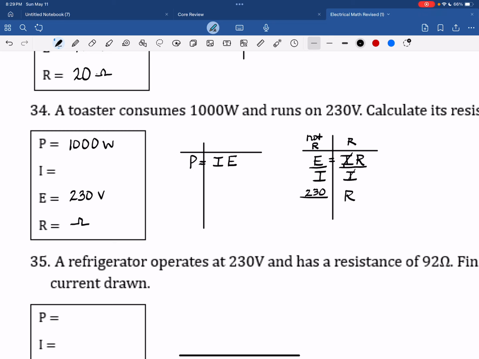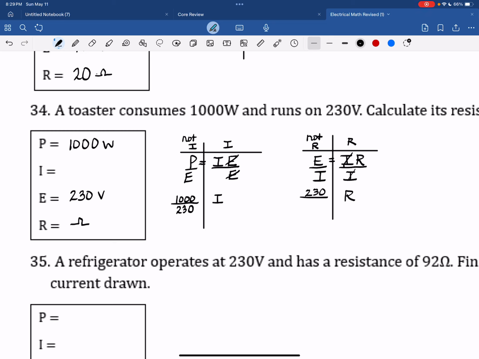So over here, I'm looking for I. I want to know current. So anything that's not I is going to come to this side of the equation. And that means E has to move. So I'm left with current equaling watts or power divided by volts.